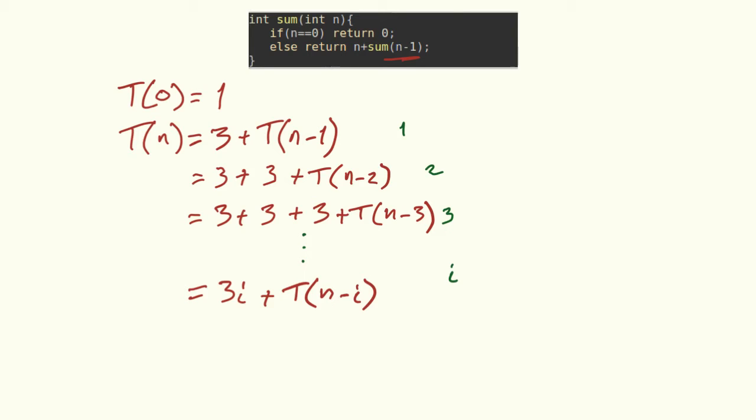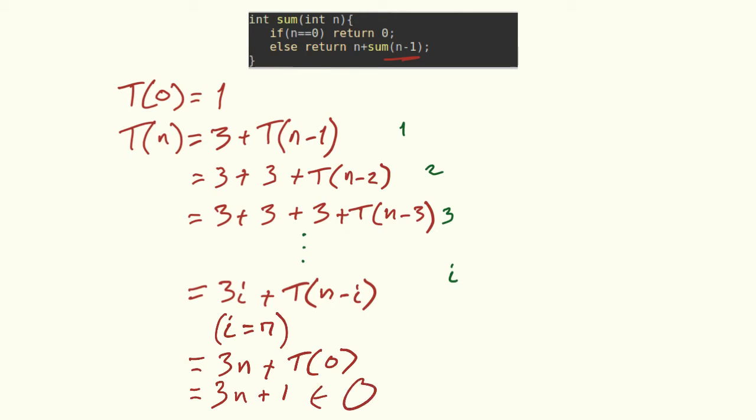And just as before, i triggers the base case when it's equal to n. We plug that back in, and we get 3n plus T of 0, which is 3n plus 1, which is in big O of n.